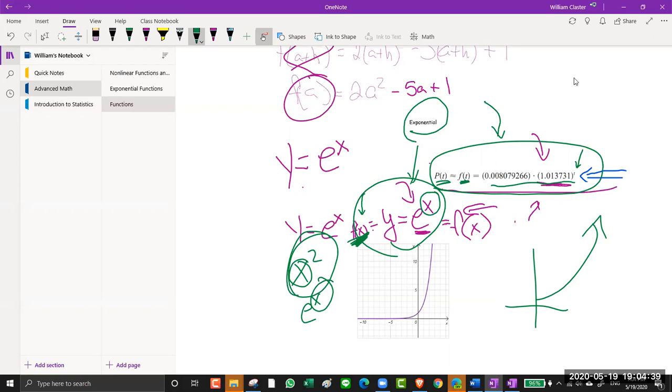So does anybody remember any time recently when you've heard about exponential functions? Anybody remember that from any recent discussions? No?